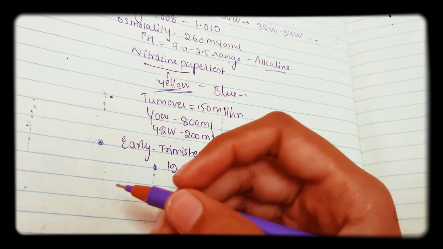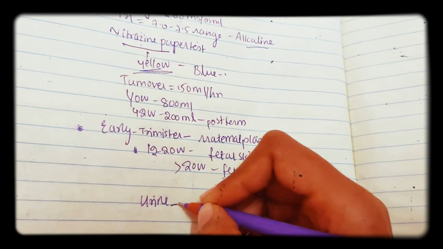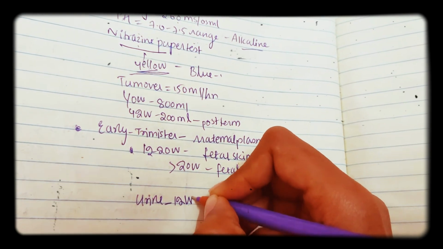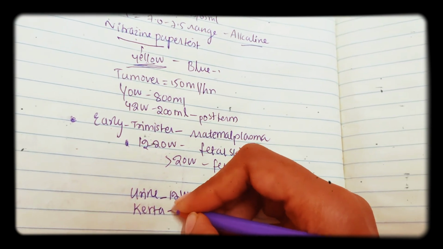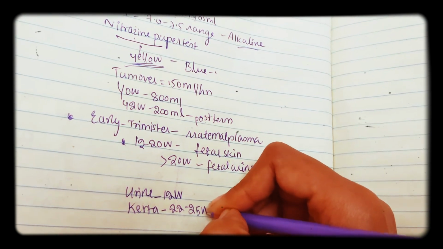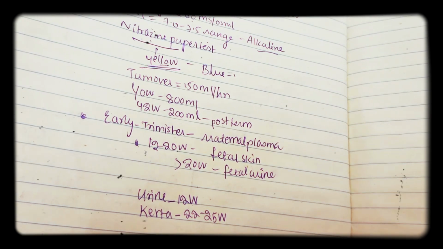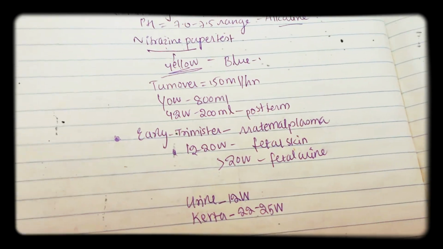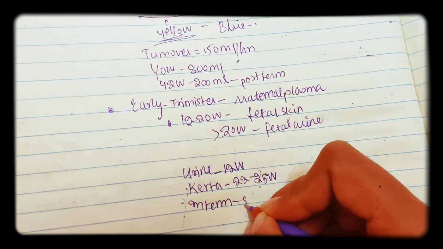Now coming to the major contribution, as we discussed, that is the fetal urine. Urine production of the fetus will begin at the 12th week, and the keratinization of the fetal skin will begin from the 22nd to 25th weeks of pregnancy. Normally the amniotic fluid is colorless, but at term the amniotic fluid is straw colored.